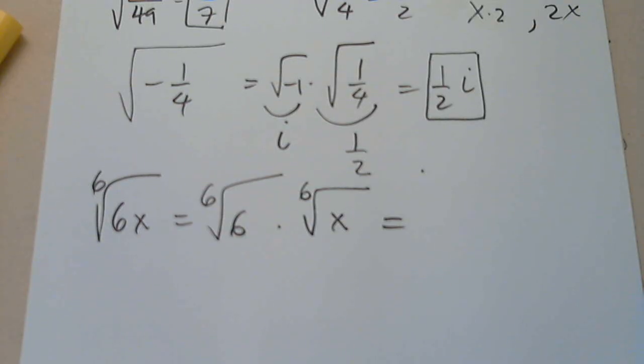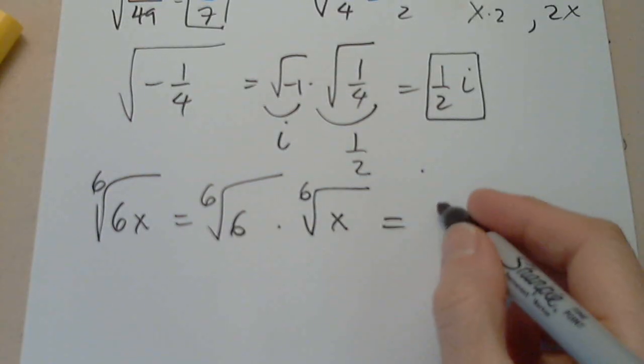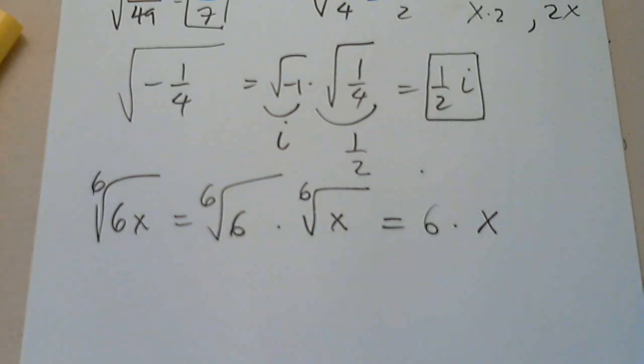So, how do we convert the 6th root of 6 and the 6th root of x into exponential notation? The first one is 6 to which power times x to which power? Which power is the 6th root?